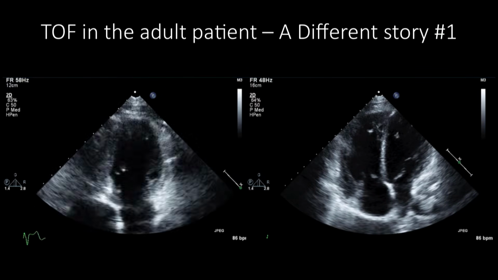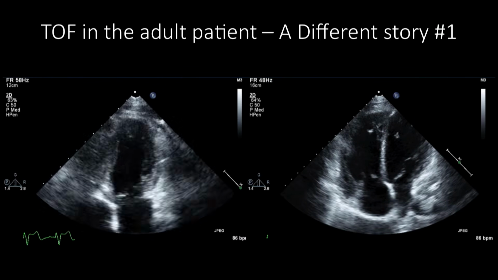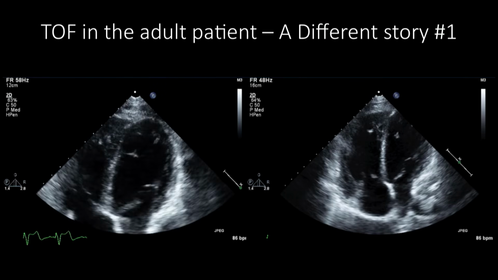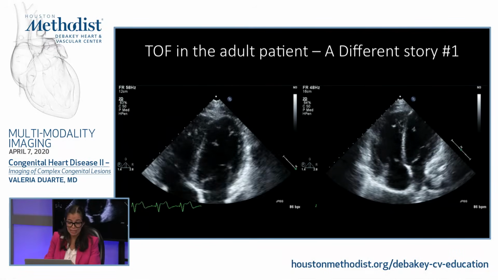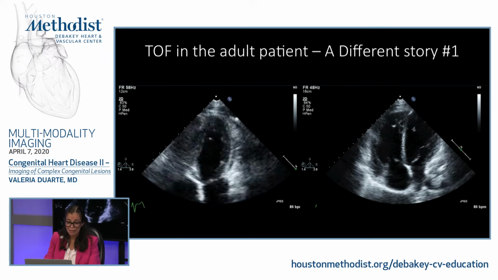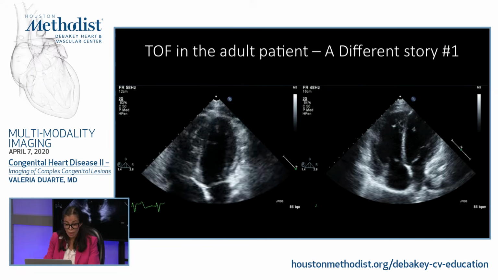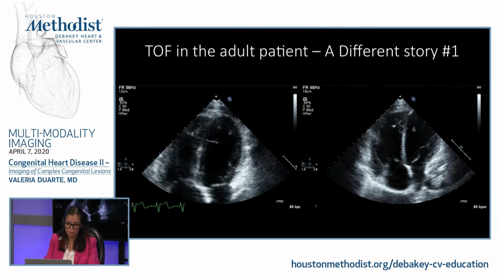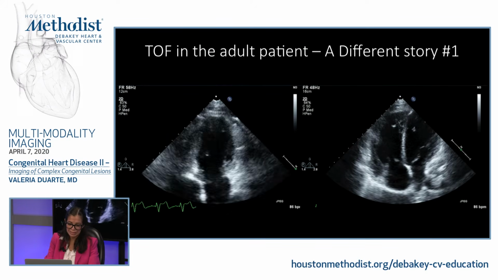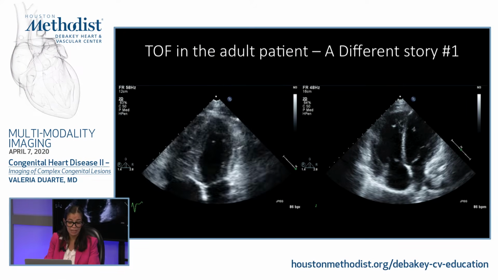All right, so this is for my friends the sonographers. When we image patients with congenital heart disease in an adult echocardiography lab, we have to be compliant with our adult quality measures. But at the same time, we need to focus on the information that we need to provide. As you can see in this picture, the RVOT, I cannot see the RV completely well.